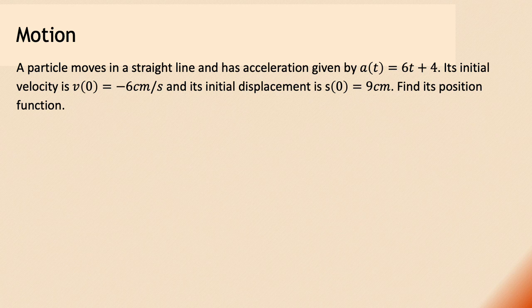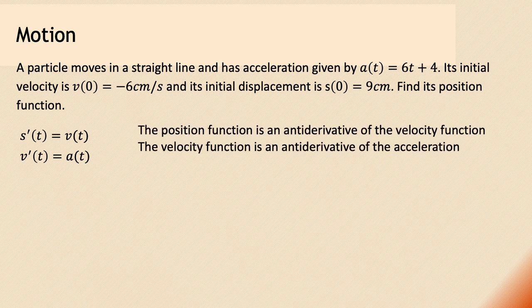Again, we're going to work backwards, but let's look at some relationships that we already know. The derivative of the position function is the velocity, and the derivative of the velocity is the acceleration. So the position is the antiderivative of the velocity. It's easy to get all twisted with these things.